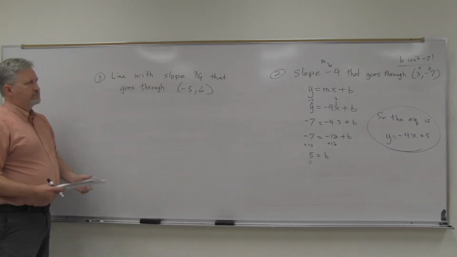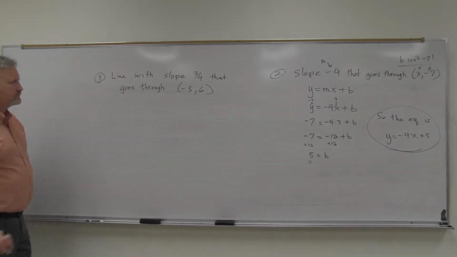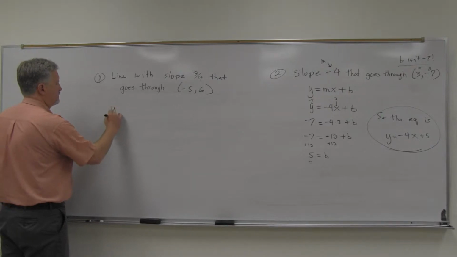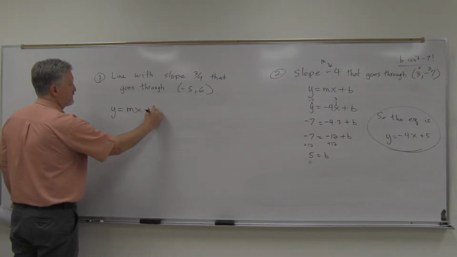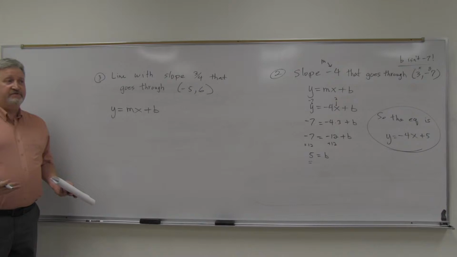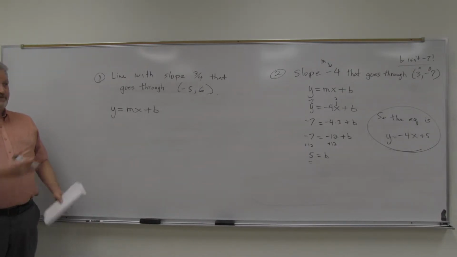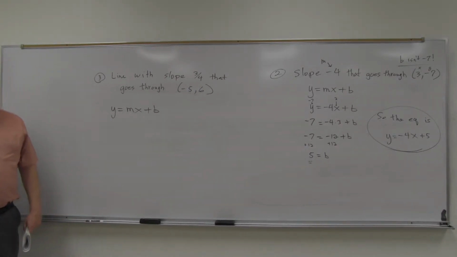So it's the same sort of problem, isn't it? We've got to find y equals mx plus b. I think they specifically asked for slope-intercept form of a line, so that's y equals mx plus b.